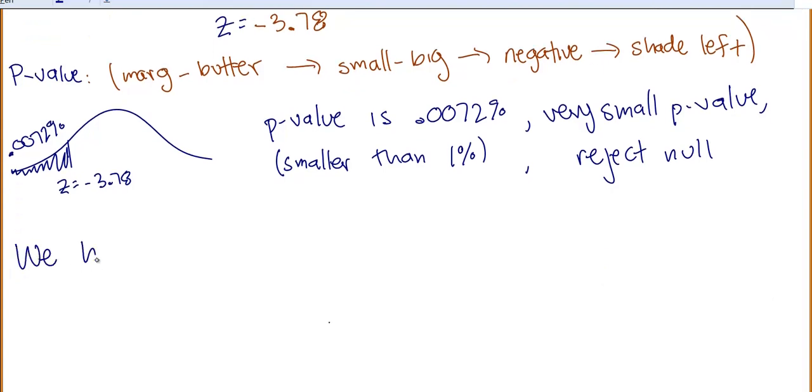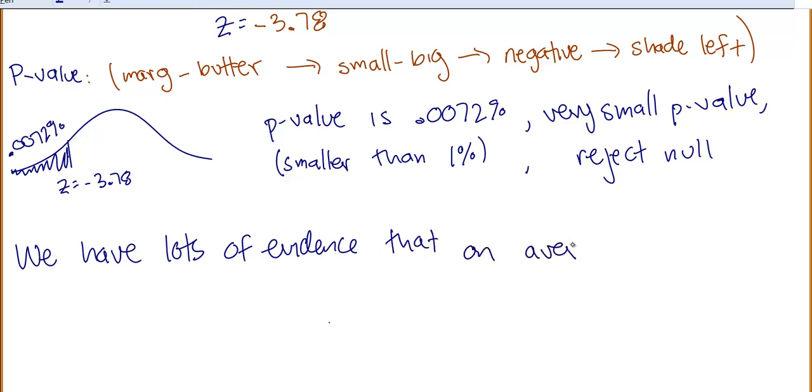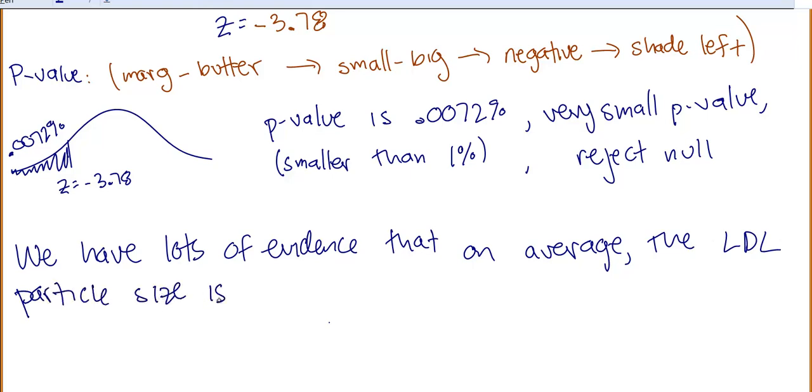And now we have evidence, and not only evidence, but lots and lots of evidence, because that's a really small p-value, that on average the LDL particle size is smaller for people on margarine diets.